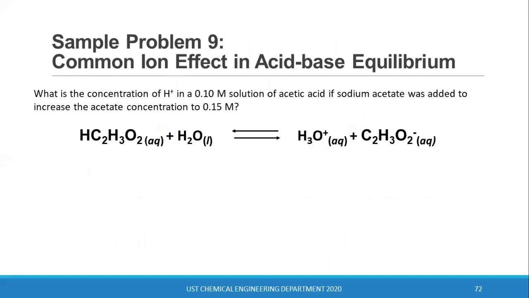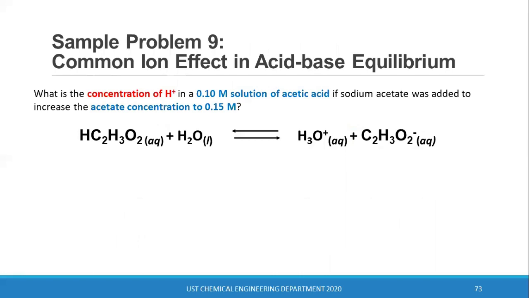In this problem, we are asked to calculate the concentration of H plus ions in a 0.1 molar acetic acid solution. The common ion acetate's concentration was increased in the solution through the addition of sodium acetate. Again, the first step is to list down all the necessary givens and unknown.